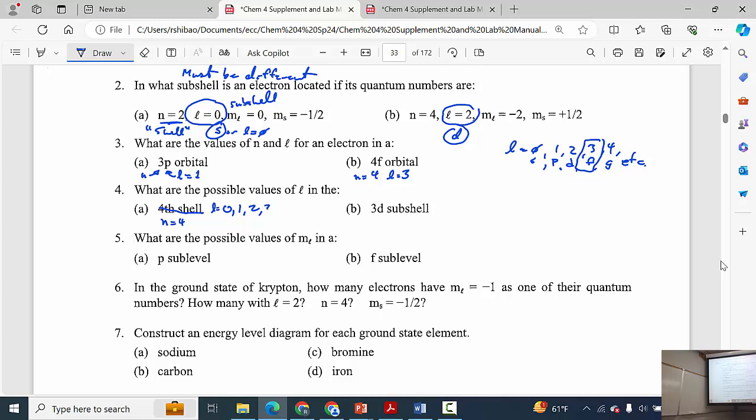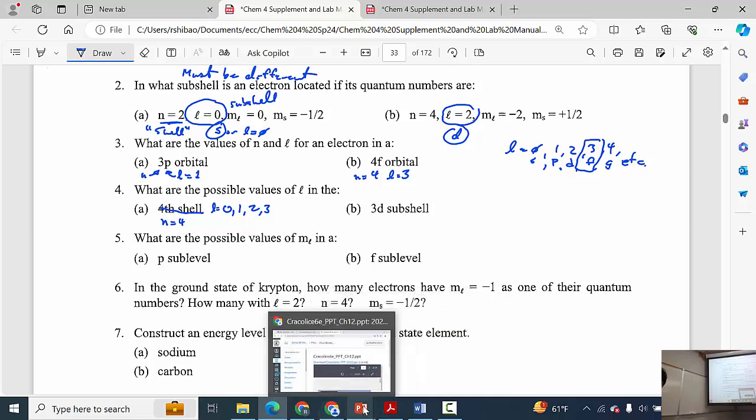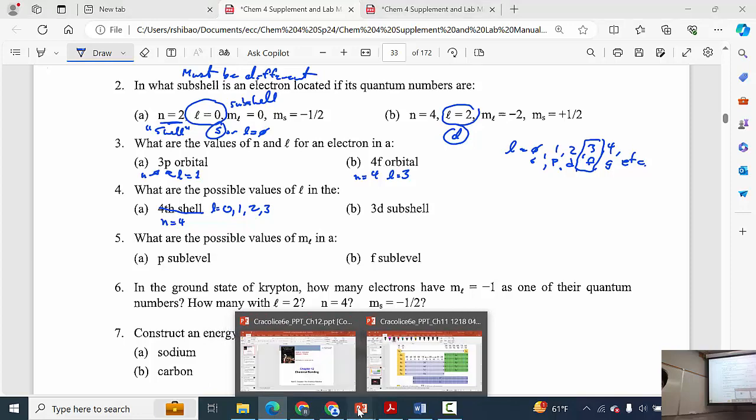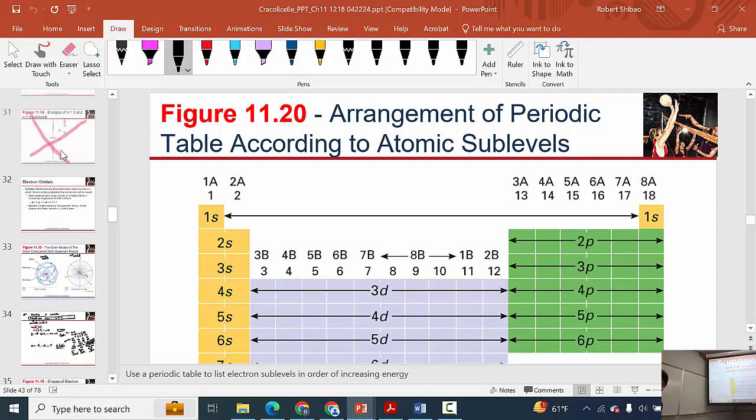L equals 3, which would be 4f. And that would be the max. The max is n, 4 minus 1, which is 3. And so rather than saying the fourth shell, I'm going to say when n is equal to 4, what are the possible subshells? And the reason I'm going to say that is because of this.